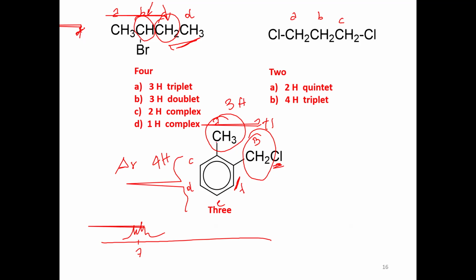Then the methyl group comes around 3 on the toluene side because it's shielded by the presence of this whole aromatic group. So overall, the aromatic protons must be complex, but you will have something like that which integrates 4. Then at some point, you have 2 singlets.